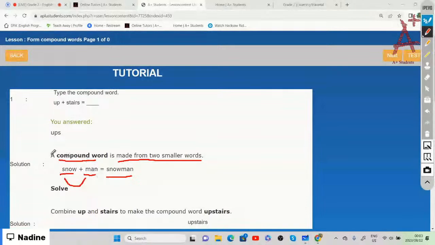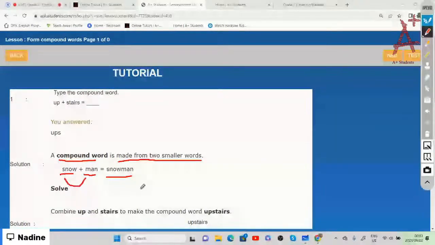And this is a compound word. So a compound word is made from two smaller words, and then we make a bigger word. You add these two smaller words and it makes a big word.